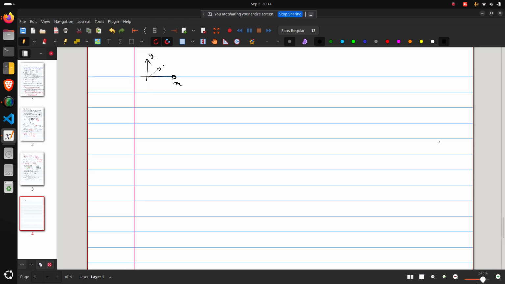For example, x and y and z direction inside the plane of the paper that I am writing, right? So unlike this x and y, we will have two other bases.